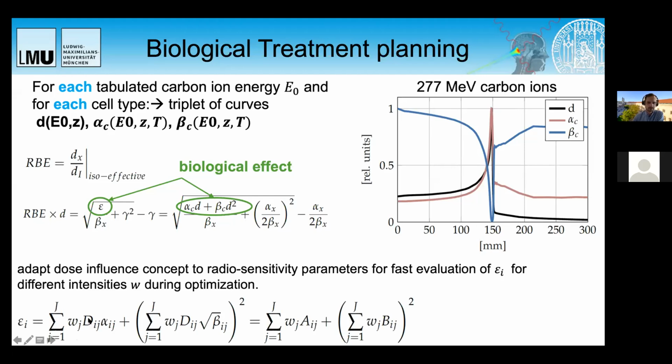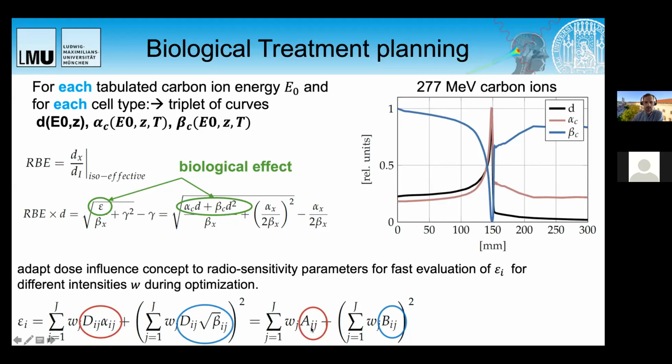So in addition to our physical dose, we now have an alpha_ij matrix, which contains the linear part of our biological effect. And we also have the beta part. And for both, we compute the influence matrix. Since we can also directly combine them to minimize the computational effort, we end up with only two matrices in this case.